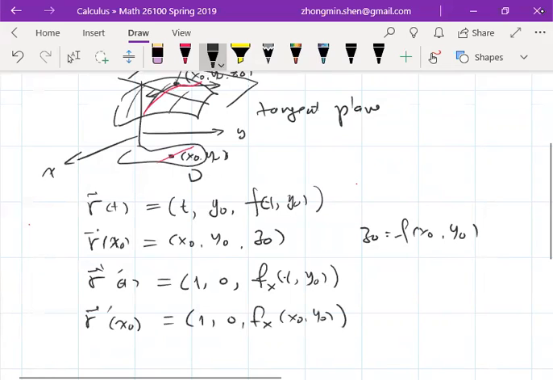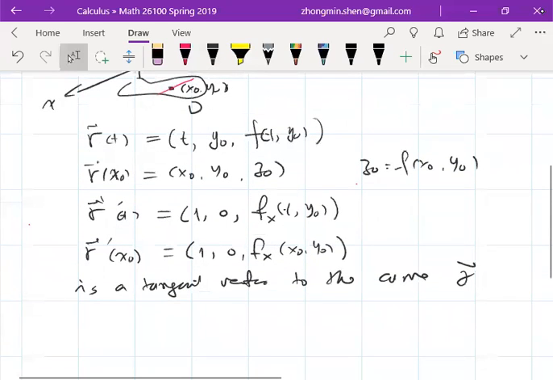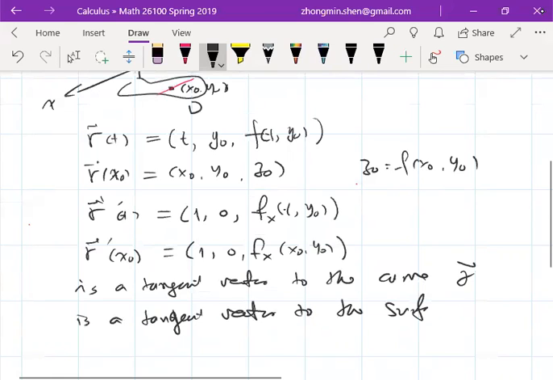This is a tangent vector to the curve determined by gamma, and of course it is a tangent vector to the surface, to the graph, at that point.